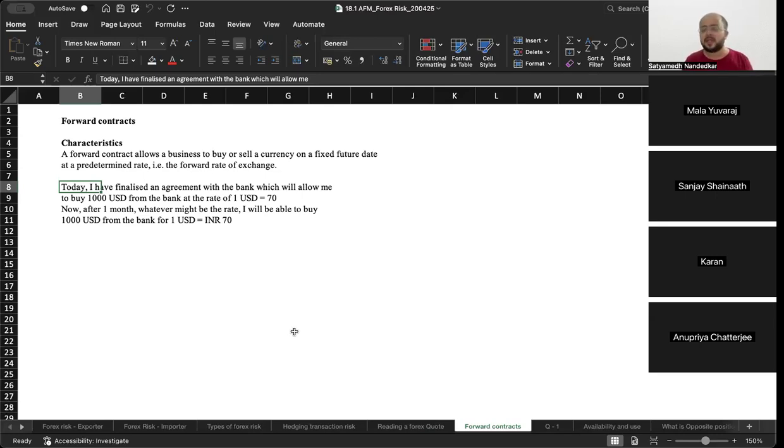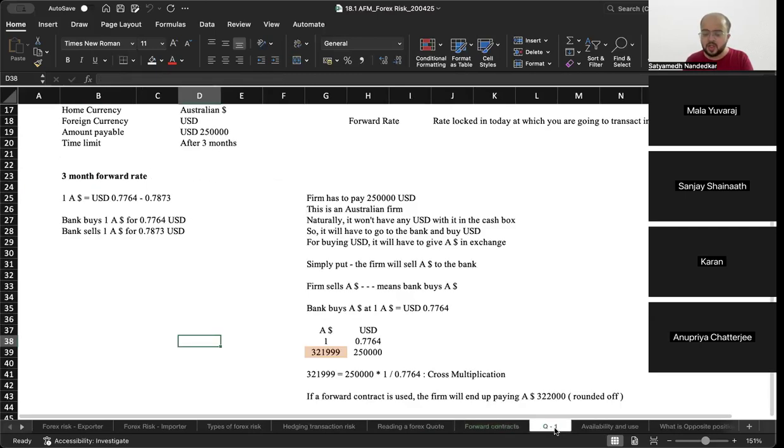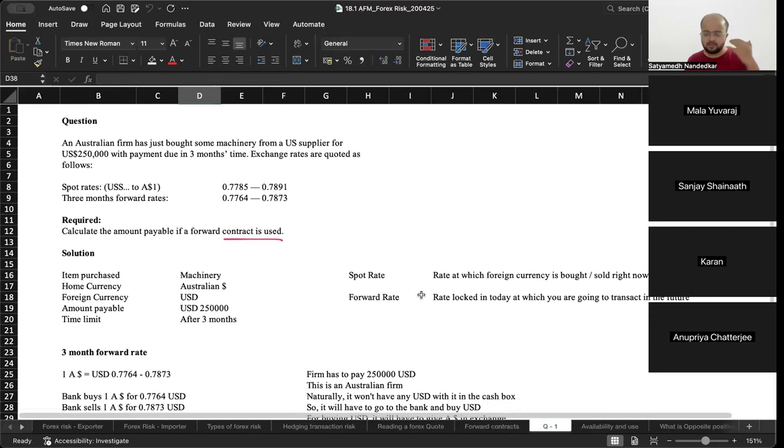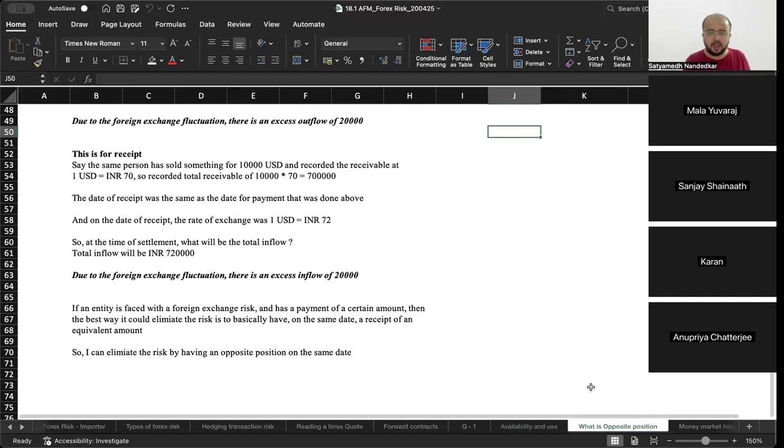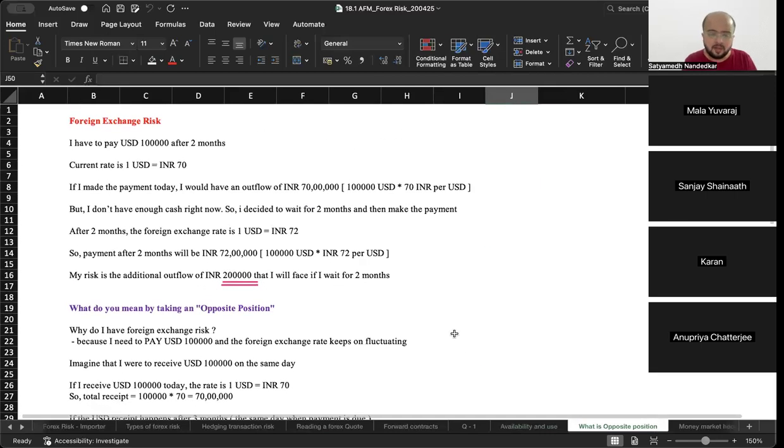These forward contracts are not exchange traded contracts, and they can be of any size, any duration, any maturity. That is not the case for foreign exchange futures or other such instruments. These are quite limited in terms of availability because not all currencies can be converted to every other currency.